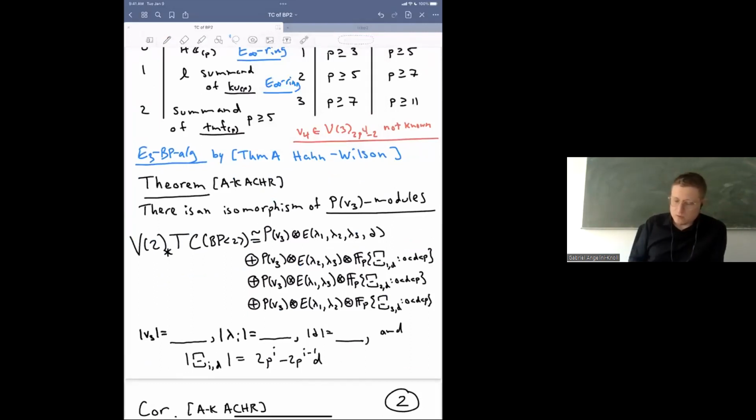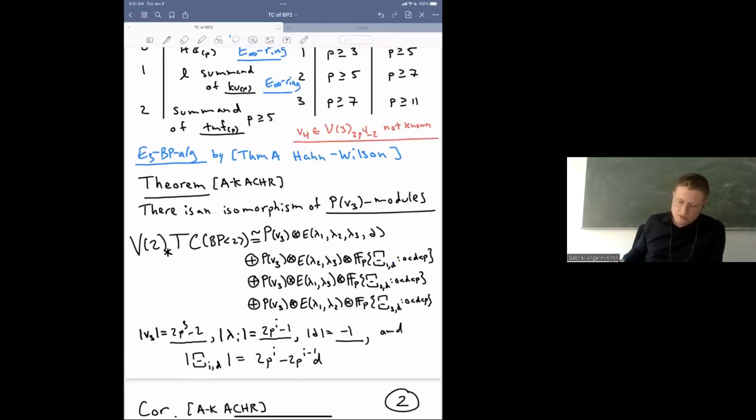There's lambda 1, lambda 2, lambda 3, and delta. The lambdas are in degree 2p^i - 1, and delta is in degree -1. Then there's this element v3 in degree 2p^3 - 2. And then we have these other elements, which we're calling capital Xi, indexed by some indices, and those are in these degrees.